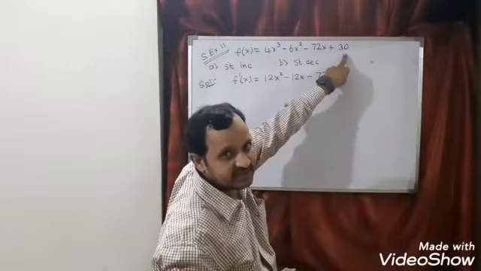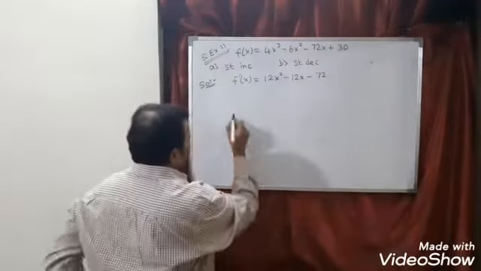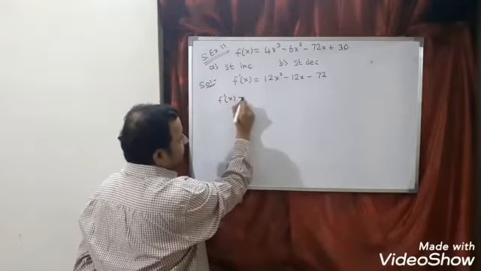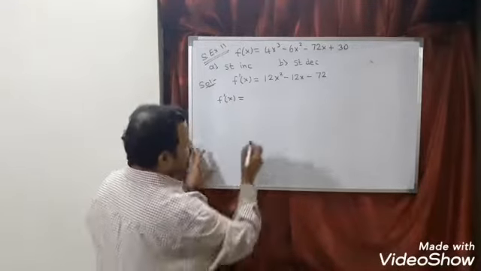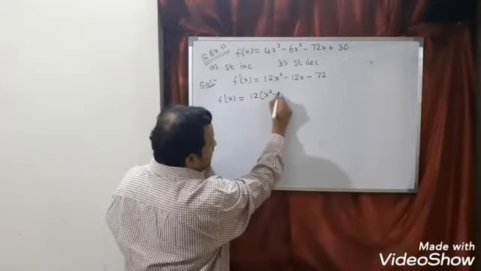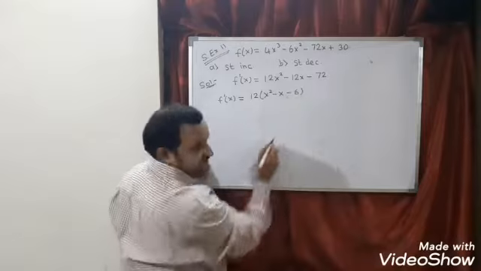Differentiation of 30 is 0. Now working step is saying we have to break it into linear form. So 12 we can take common. What you will get? x square minus x minus 6.